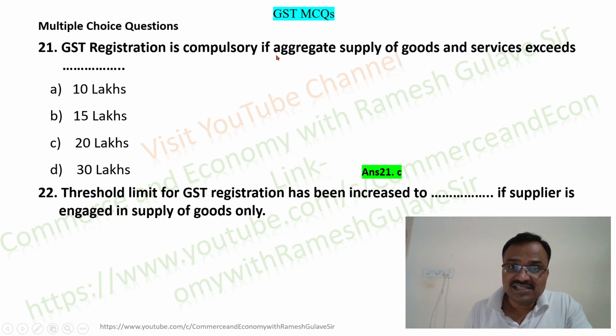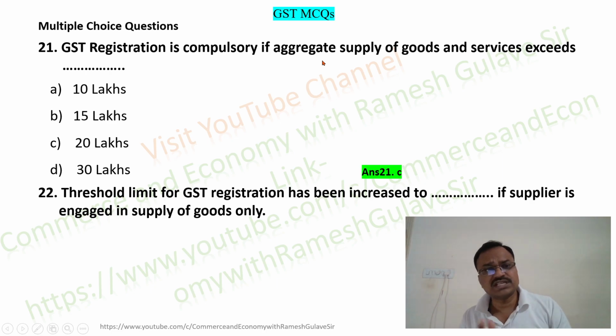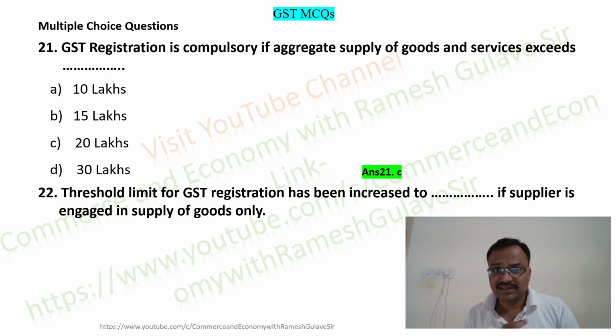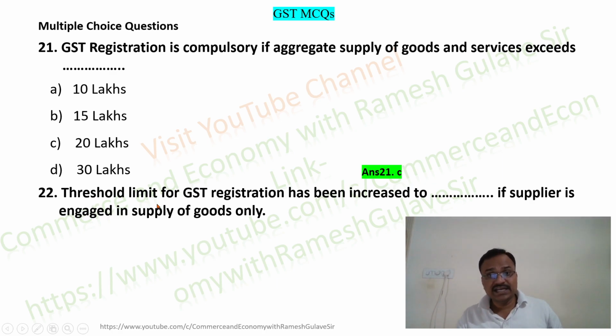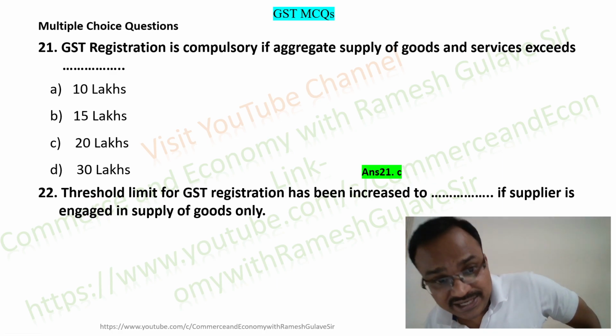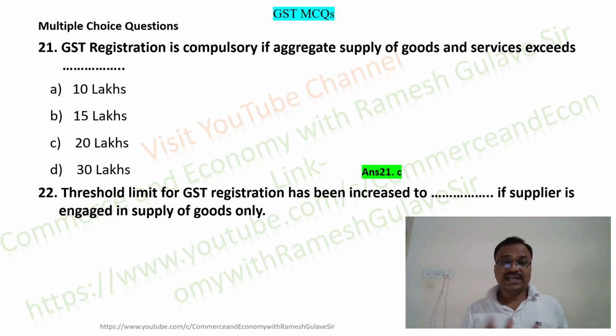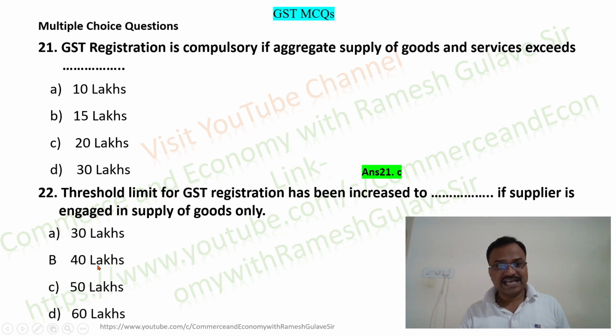Here it says GST registration is compulsory if aggregate supply of goods and services exceeds 20 lakh, right? This threshold limit has been increased for the trader who deals only in goods. Okay, so for those traders, this limit has been increased to 40 lakh rupees.